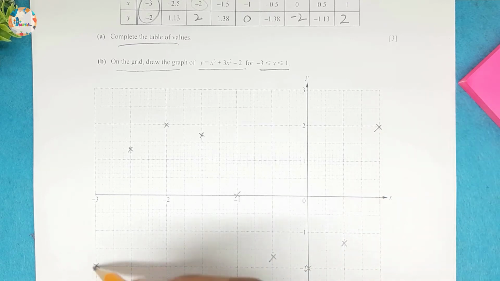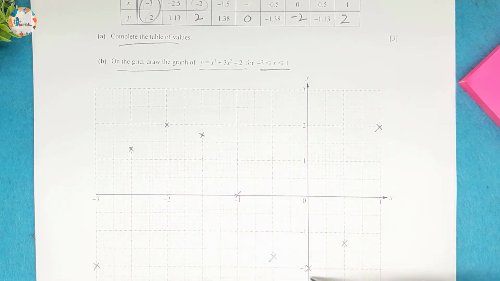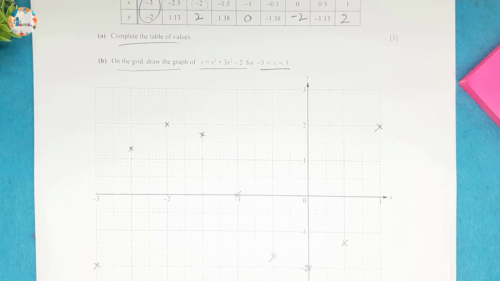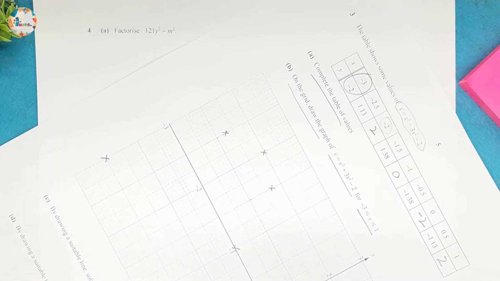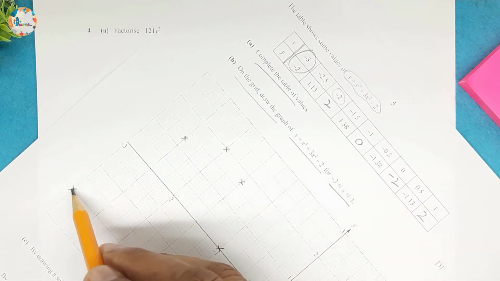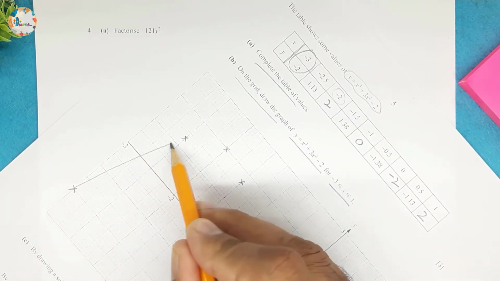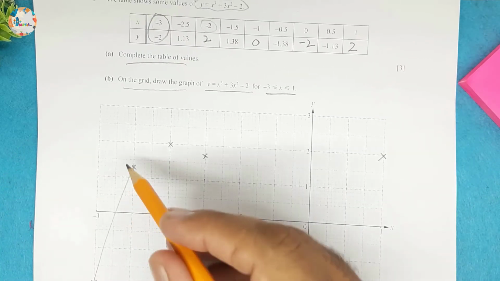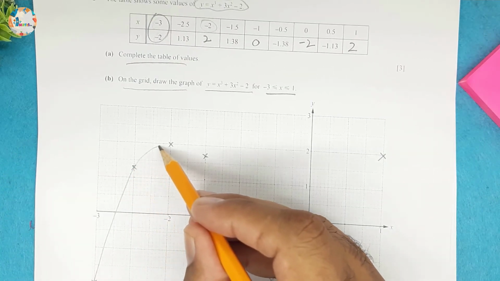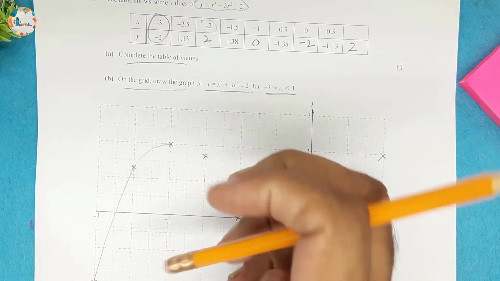So we can see that it is curving like this one. So we have to draw this graph. We can rotate the page according to our convenience, and then we will be drawing the graph like so. A smoother curve is required basically, so we'll have to draw it smoothly.